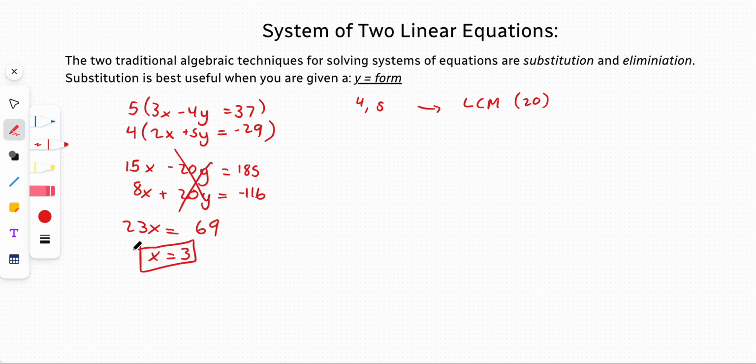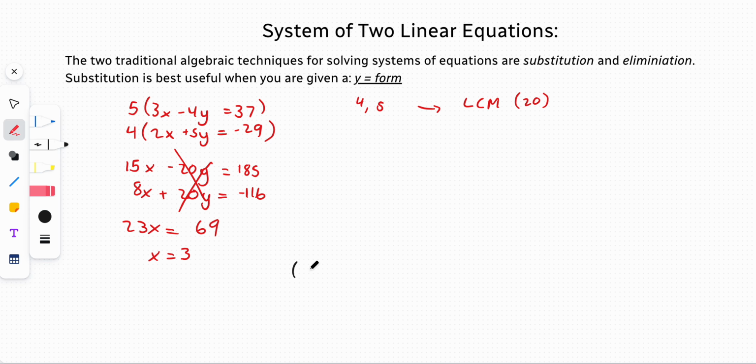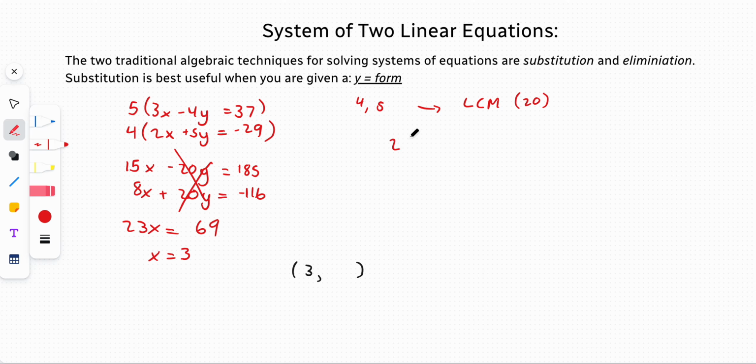Alright, so this is not our answer, but this is the first part of the point, right? So we have 3. Now all we need to do is figure out what the y variable is equal to. For this one, we can plug it into anything, but let's just plug it into equation 2. So whenever we see the x, we're just going to put 3. Like so.